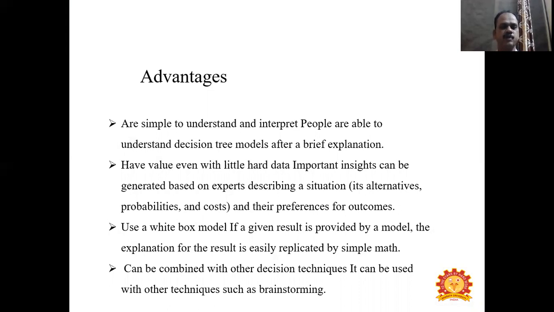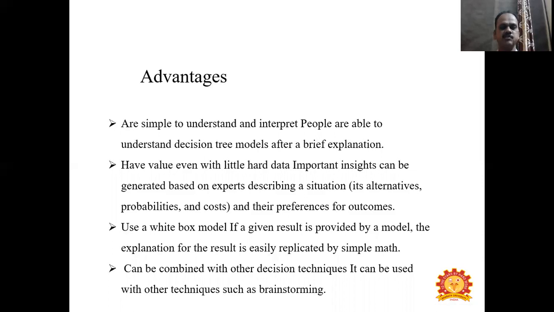People are able to understand decision tree models after a brief explanation. They have value even with little hard data. Important insights can be generated based on experts describing a situation, its alternatives, probabilities and cost, and their preferences for outcomes.